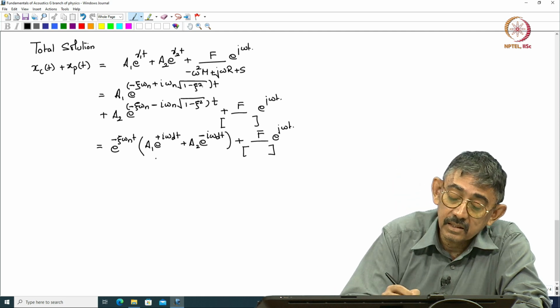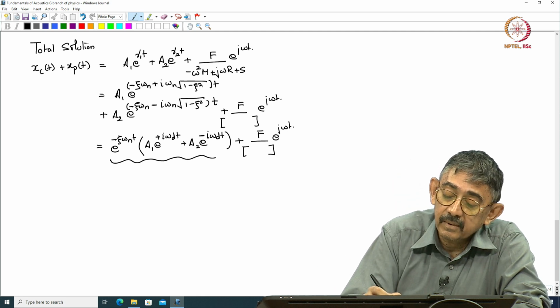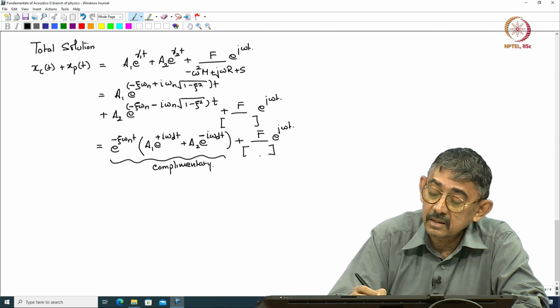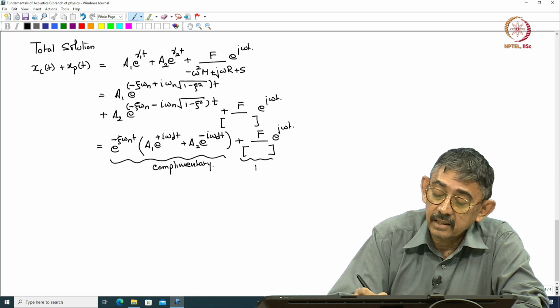Okay. So this is the transient part or the complementary part, that comes because of the initial conditions, and this is the particular integral.